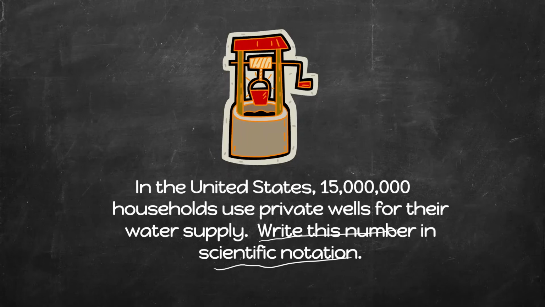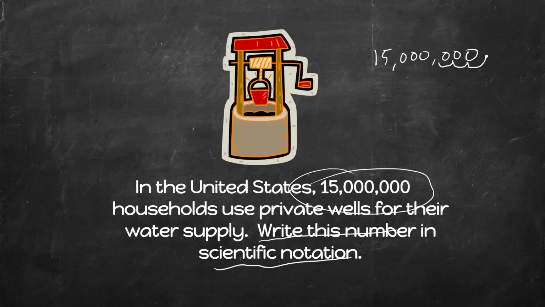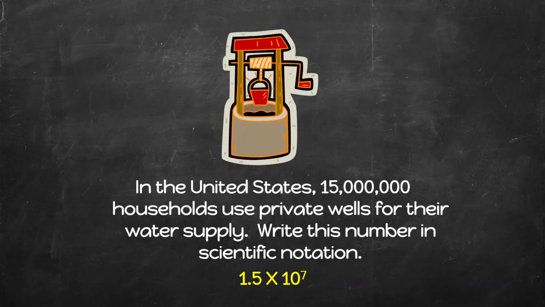At ano yung number na yon? Ito lang naman yung given, 15 million. Ito yung decimal niya, 1, 2, 3, 4, 5, 6, 7. 1.5 is in between 1 to 10. So, pwede na tayo dun sa 1.5. 1.5 times 10 raised to 7.